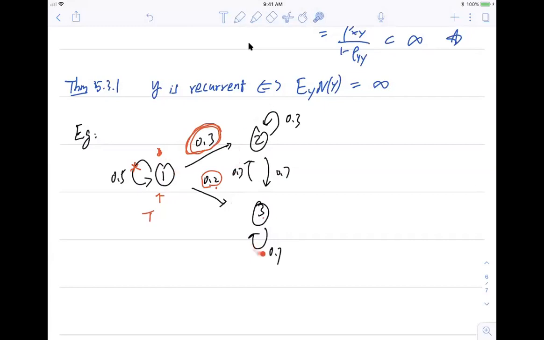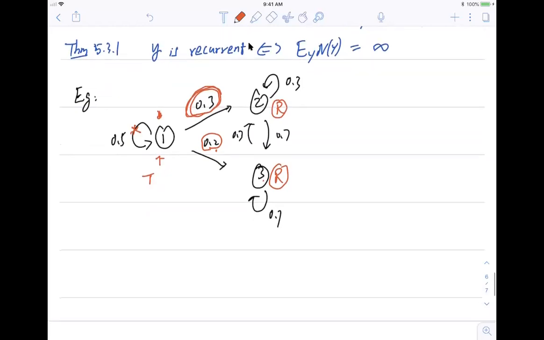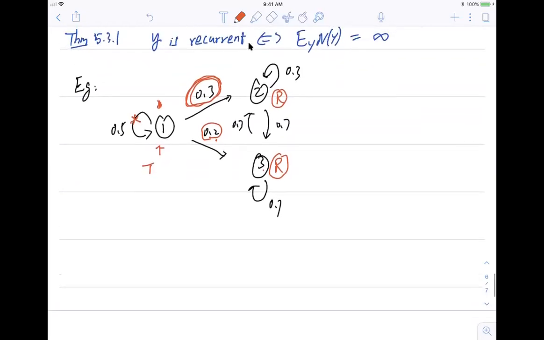But these two distribute mass between states 2 and 3, and you can really check this is recurrent, using the definition or some other things.